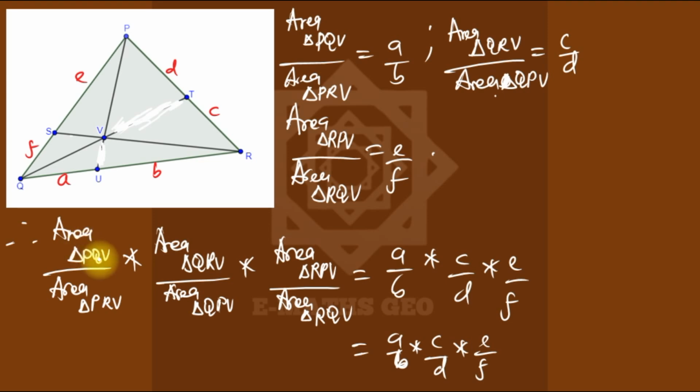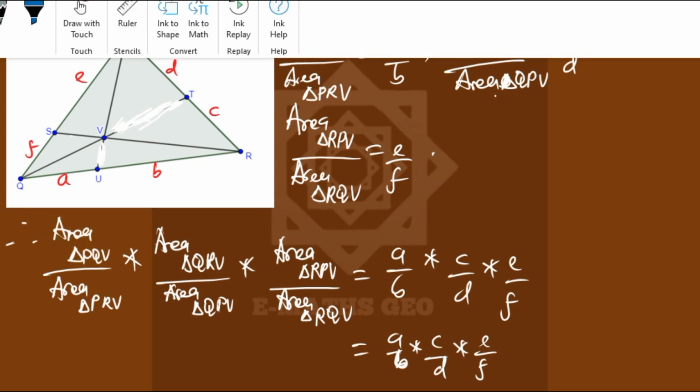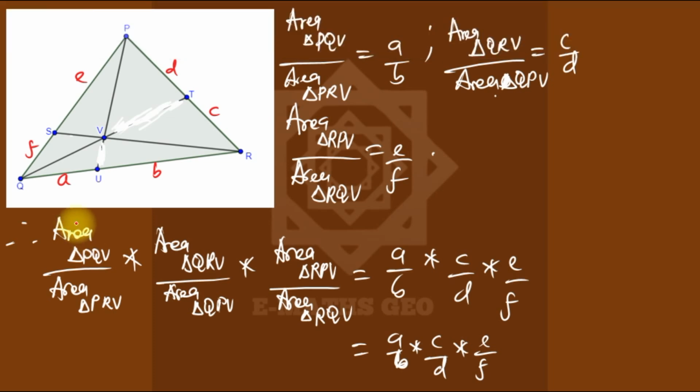We can see that this is 1, because this cancels this: PQV with PQV, RPV with PRV, and so on.